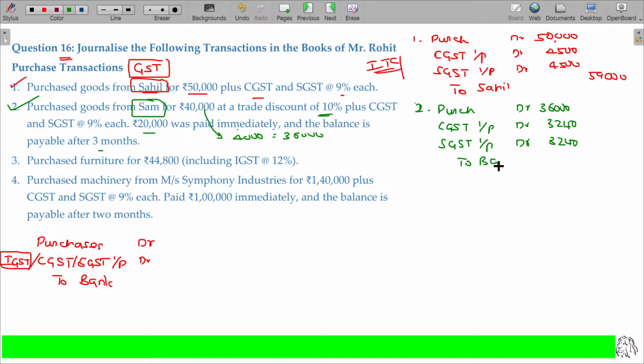To bank, immediately a portion is paid. How much? 20,000 is paid immediately. The balance may be paid after some period, so until then, the party's name, Sam account, will be there. This value is 22,480. Is that clear?